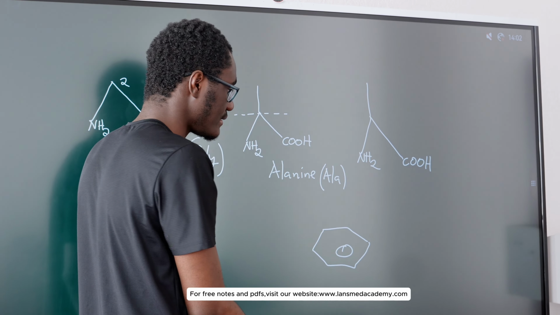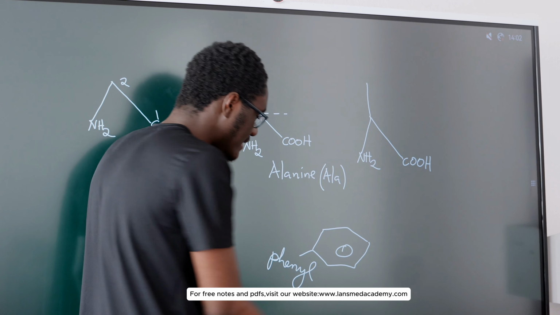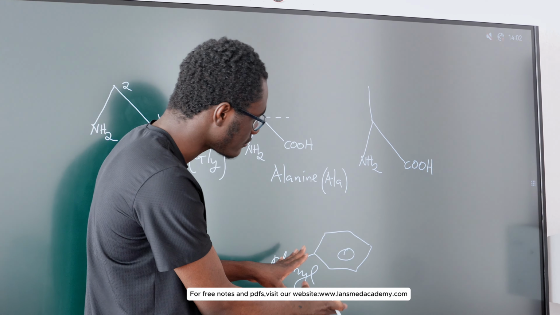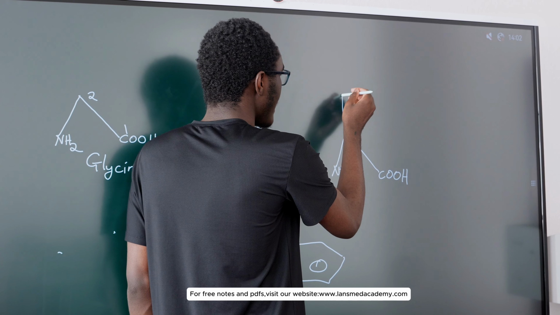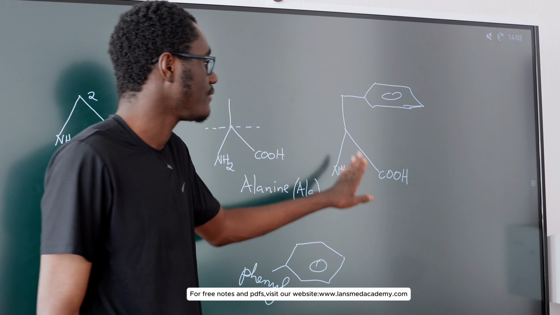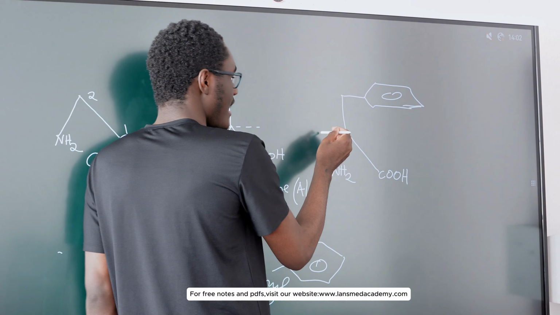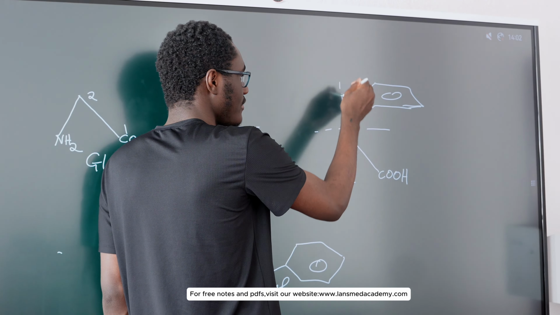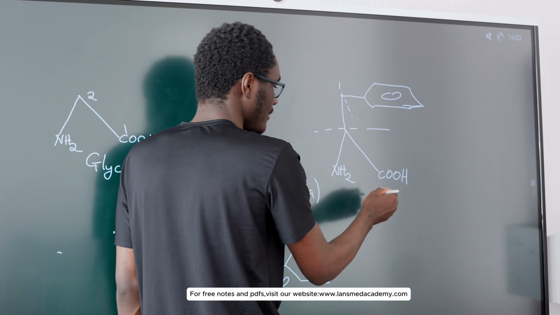When benzene exists as a substituent, we say phenyl. So we are now taking the phenyl group here and attaching it to alanine, and it becomes phenylalanine. So as you can see, we have glycine, we have alanine, and then we have phenylalanine.